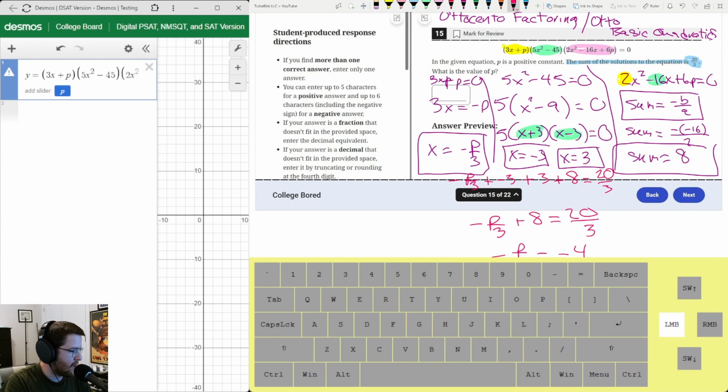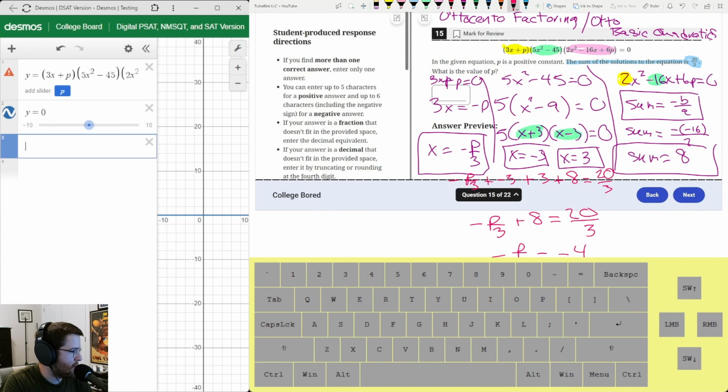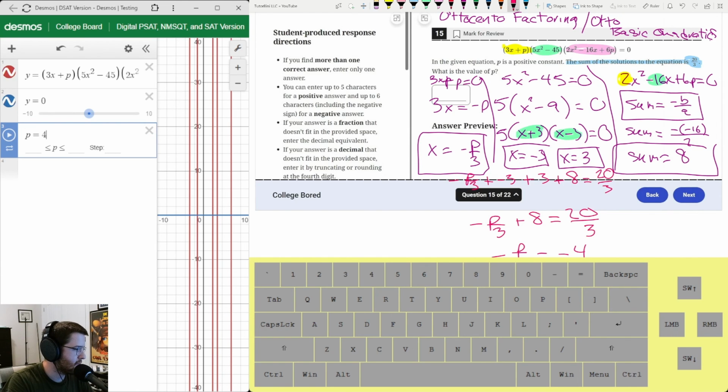Okay, does that look right? I hope so. All right, so looks pretty good. And then I made y equals 0, and we're going to do p equals, what did we say, 4?